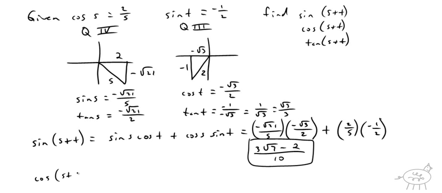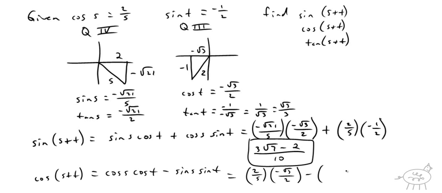Cosine of S plus T equals cosine of S, cosine of T, opposite sign, minus sine of S, sine of T. All right, so that equals cosine of S, which is 2/5, cosine of T, which is negative root 3 over 2, and minus sine of S, which is negative root 21 over 5, and sine of T, which is negative 1/2.